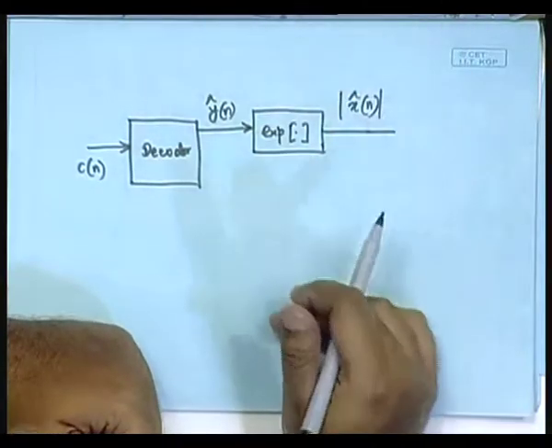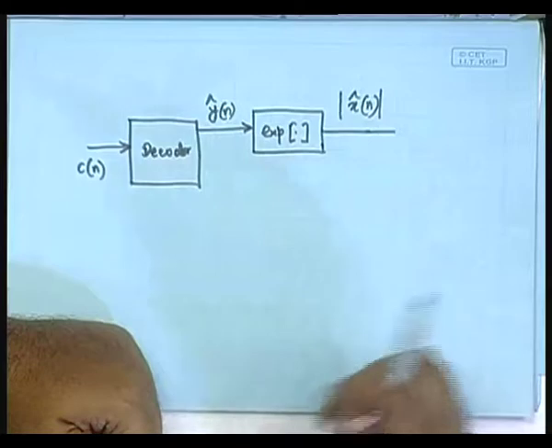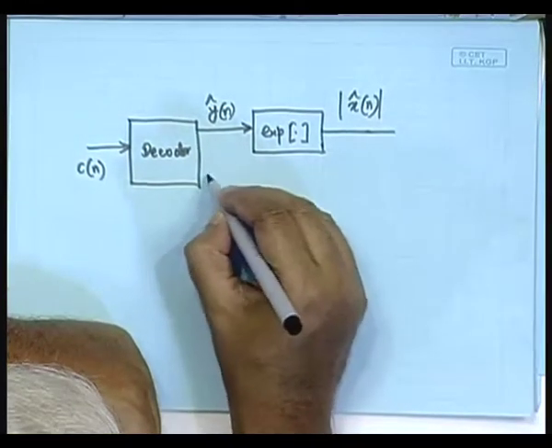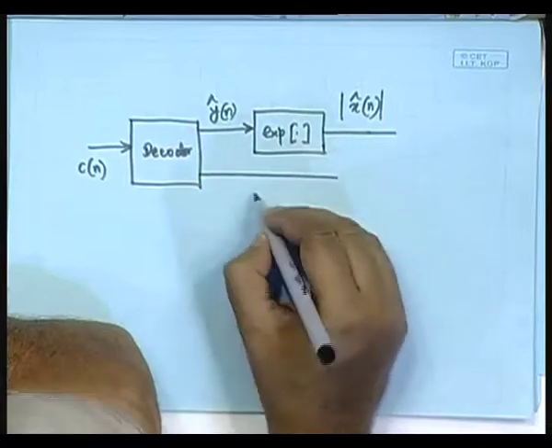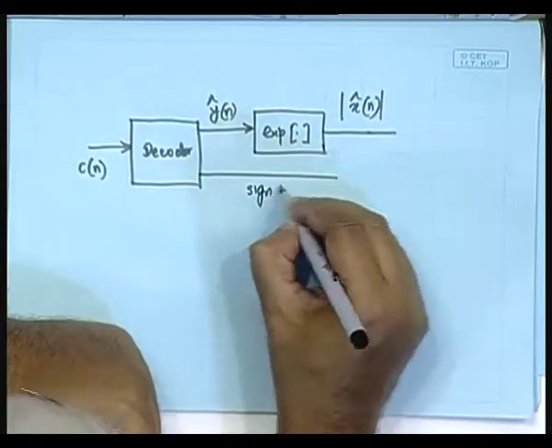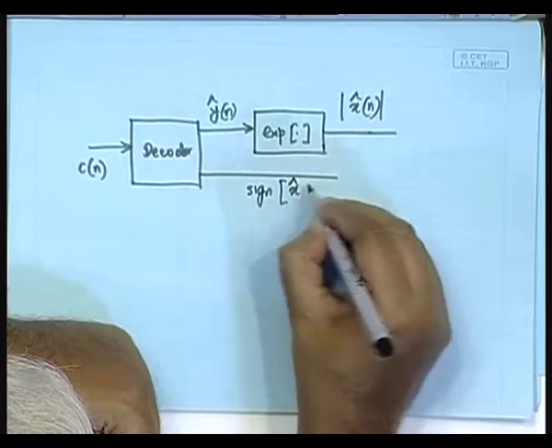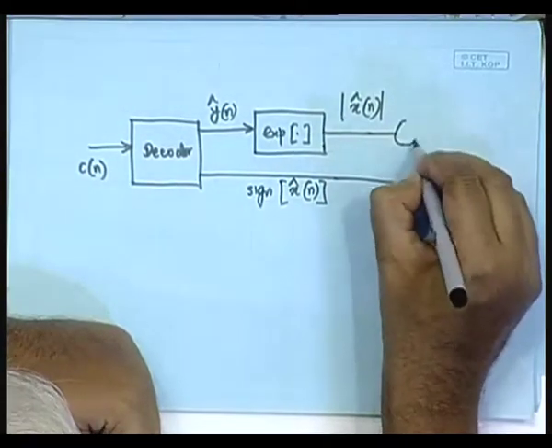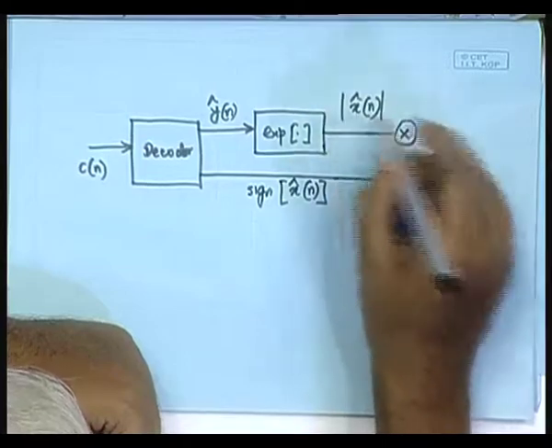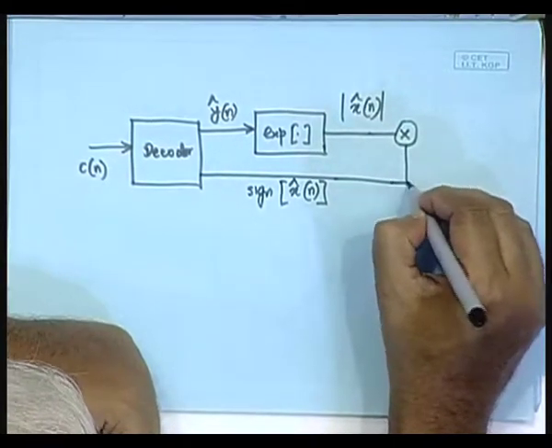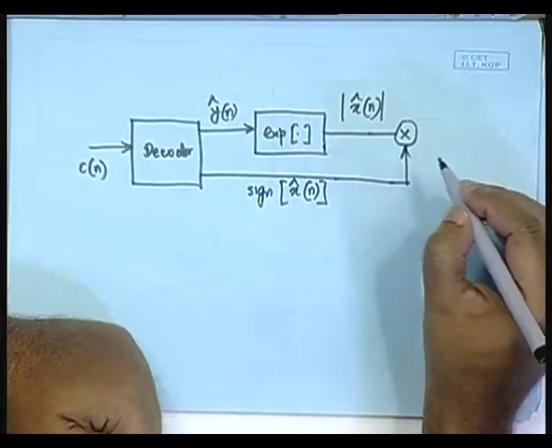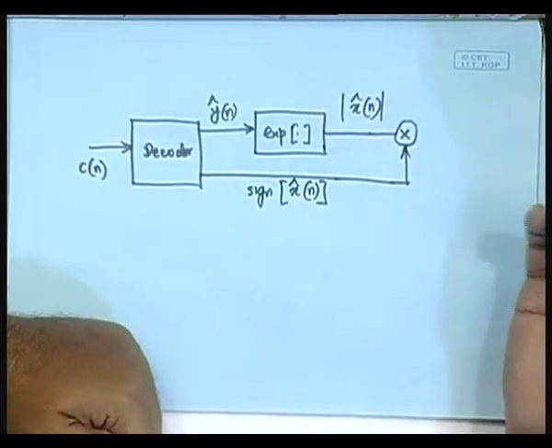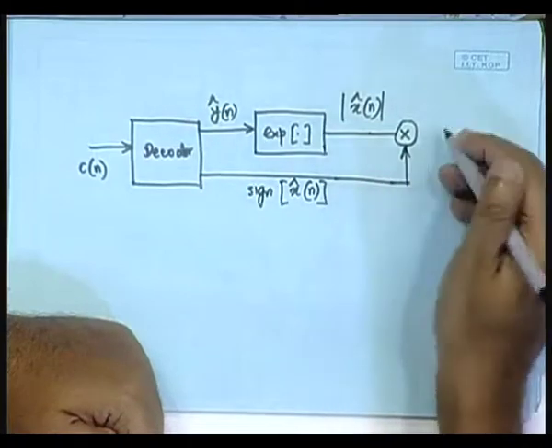But C of n contains the sign information also. So, if we extract and separate out the sign information, we get the sign of x cap n, and we multiply mod of x cap of n with the sign of x cap n. Where sign of x cap of n is going to be either +1 for positive or -1 for negative.